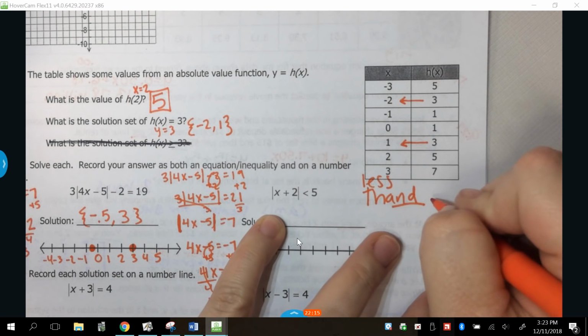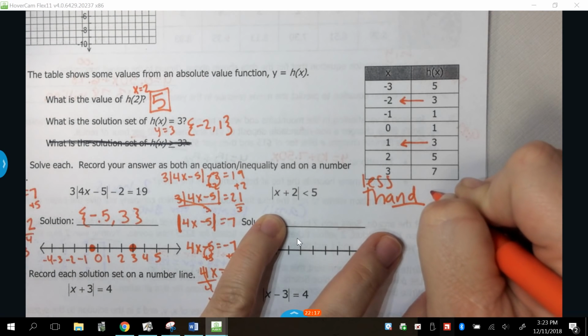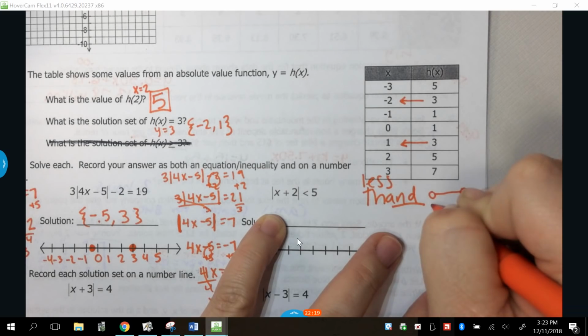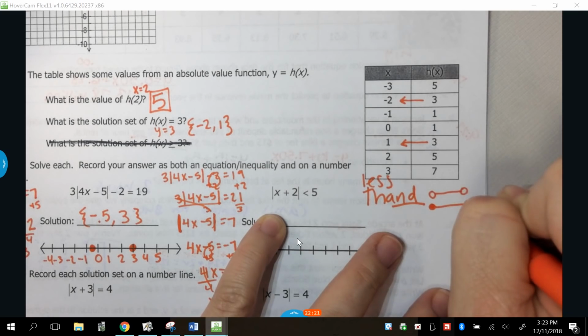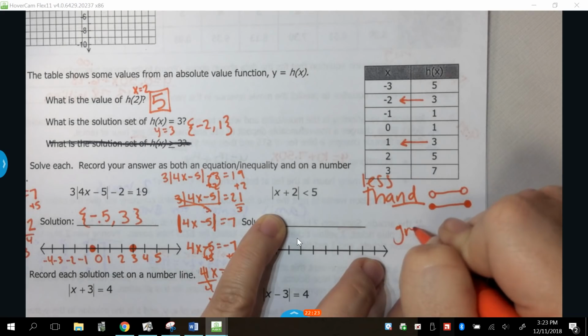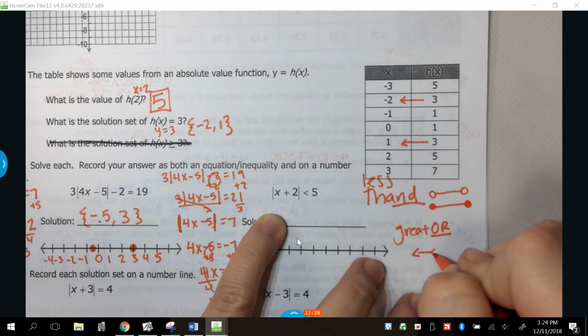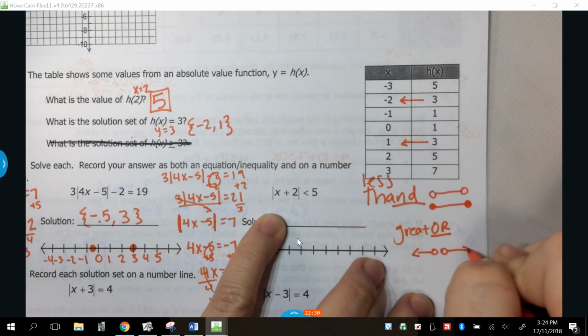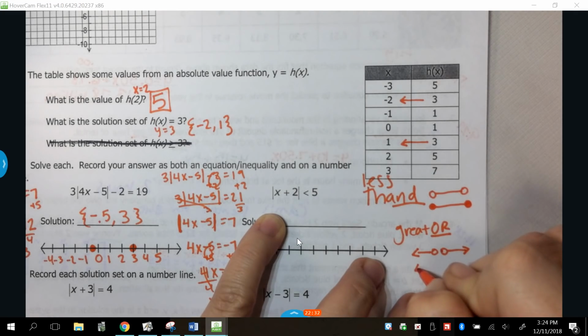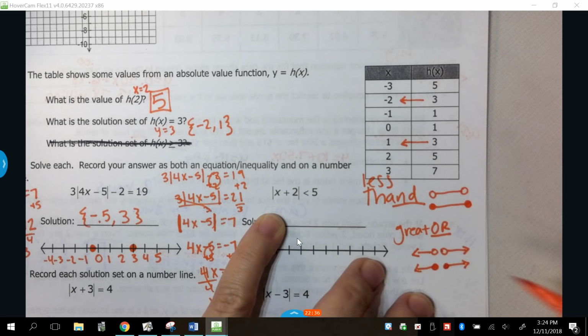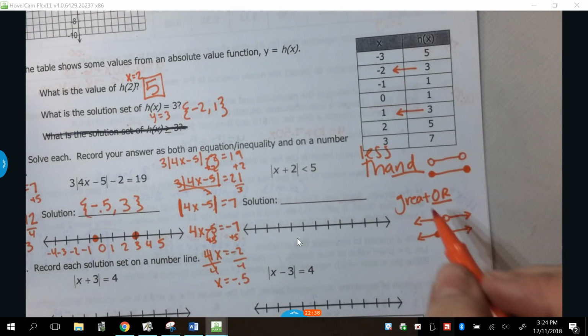So less than is when there's something like this or something like this. Greater is when it was something like this or something like this. So this is the difference.